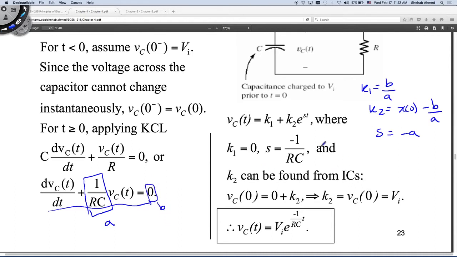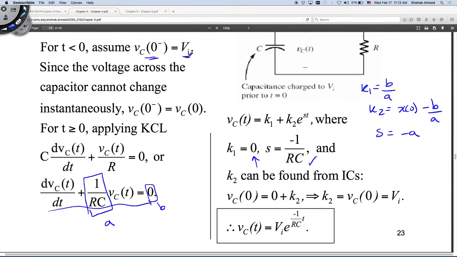B is 0, so K1 is 0, that's what we have here. S is minus A, so it's minus 1 over RC, and the initial condition is, assume that VC of 0 is equal to VI, right?